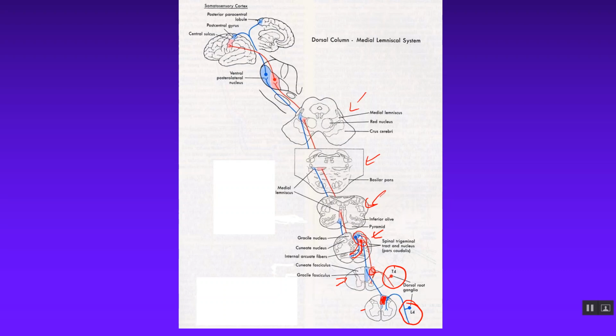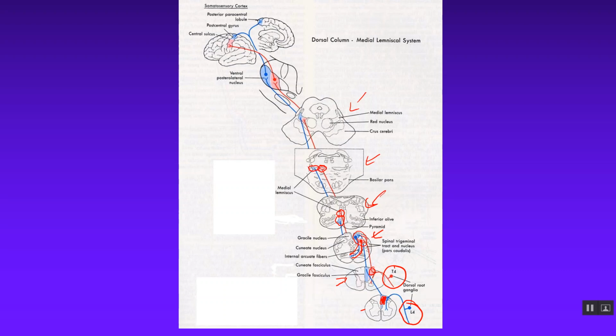But you'll notice how it stays somewhat somatotopically arranged. So you see that the red here is more posterior and the blue is more anterior when you're in the lower medulla. As it's going up, it starts to twist. You'll notice here in the pons that the red now is more medial and the blue is more lateral.